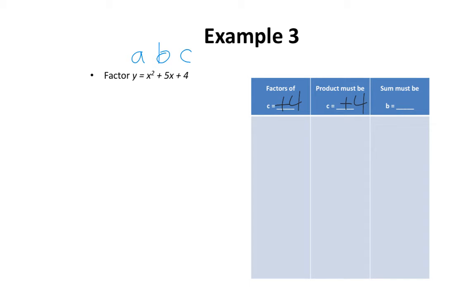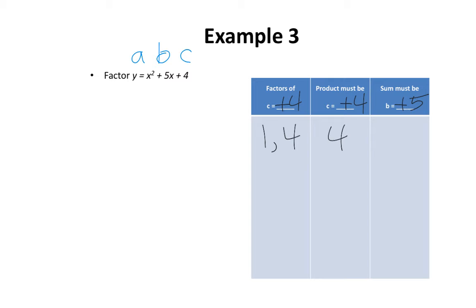and our value of b is positive 5. We need to think of two factors of positive 4. Let's think of the easiest ones, 1 and 4. Their product must be positive 4. Well, 1 times 4 is equal to 4. So that's so far so good. And the sum must be positive 5.